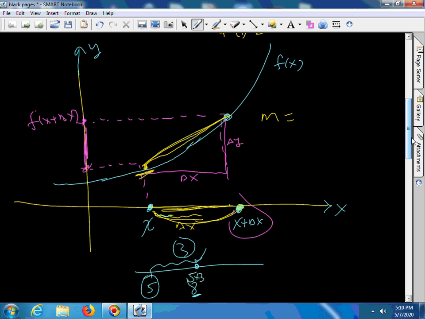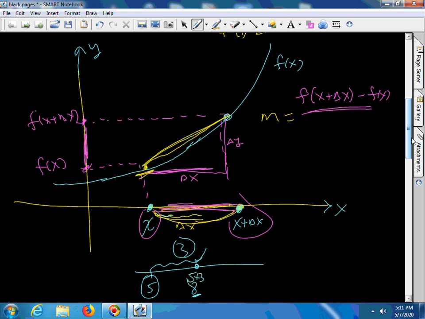Ooh, that's f of x. So the change in y is f of x plus delta x minus f of x, divided by the change in x. Well, this change in x is this change in x.